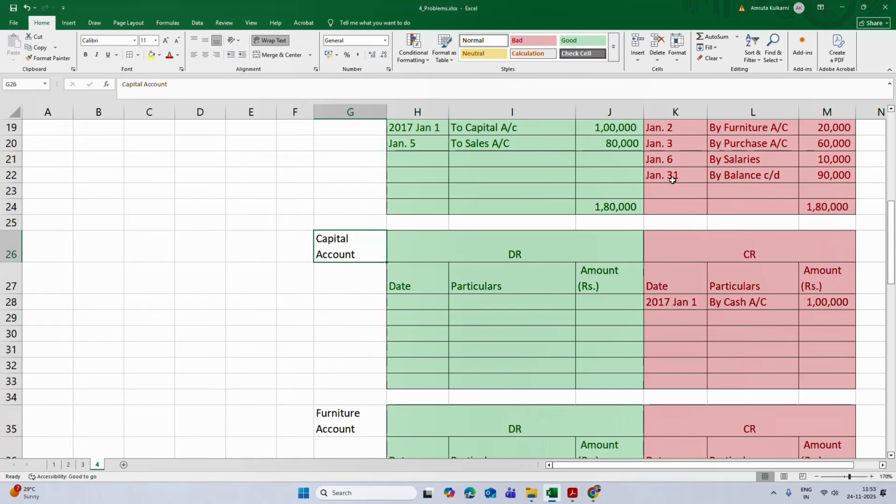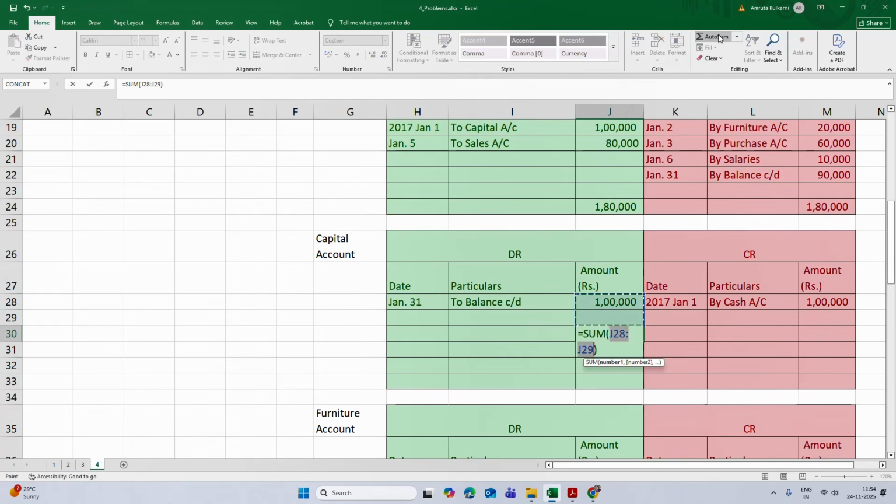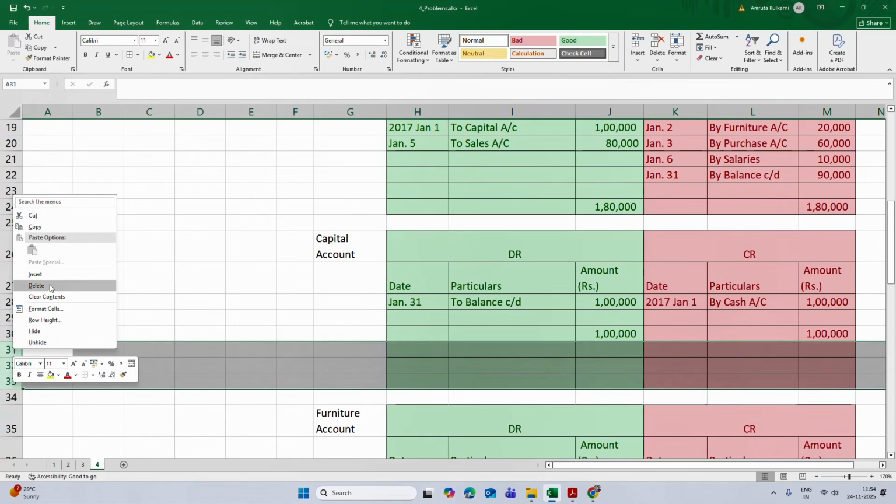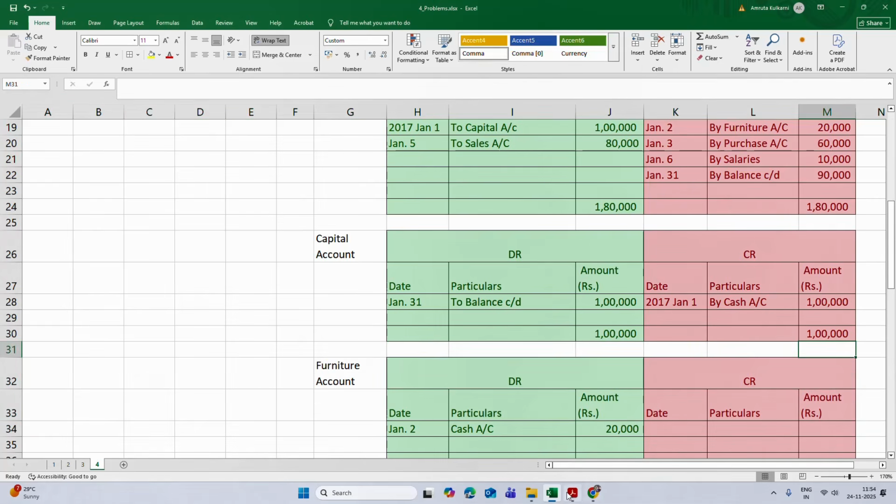So in order to balance this account, what we need to do is on January 31, to balance carried down 1 lakh of rupees, and then the sum is balanced in both debit and credit side. We'll just delete the extra entries. So you just have to write the total here and total here also.